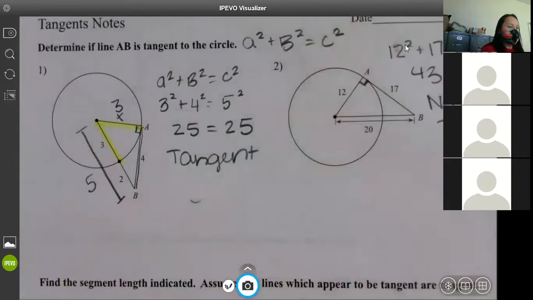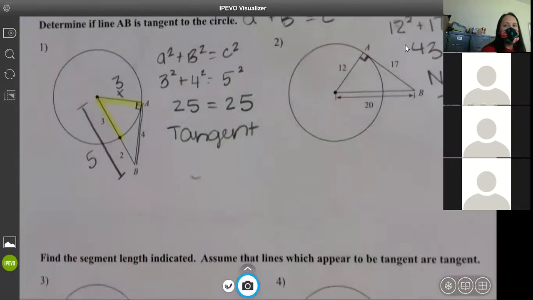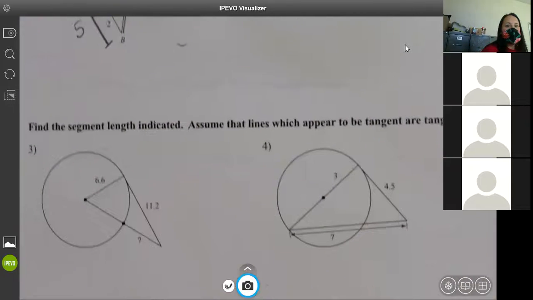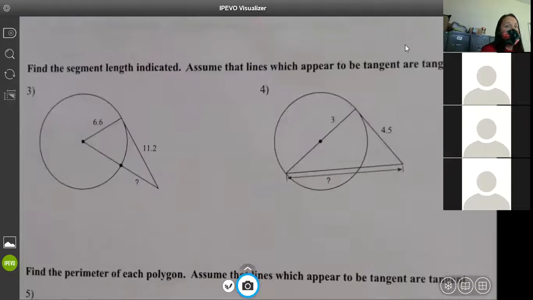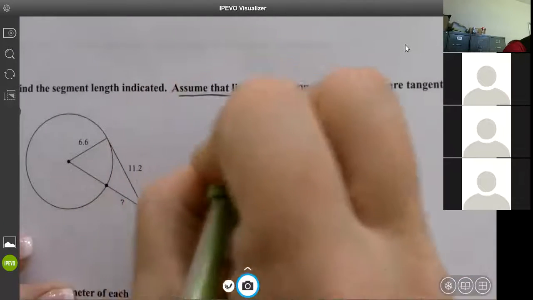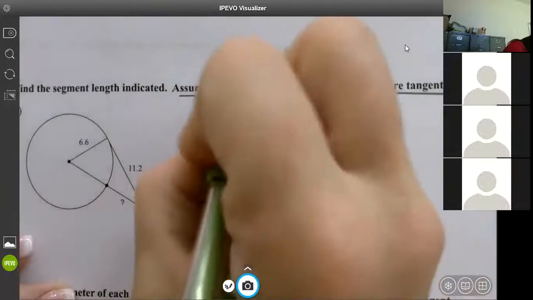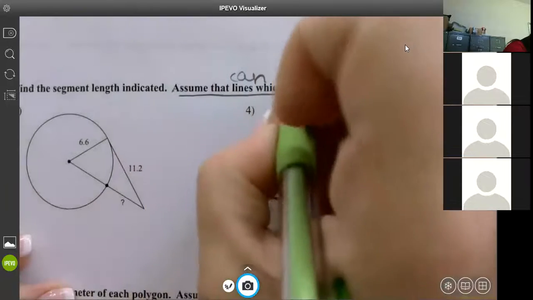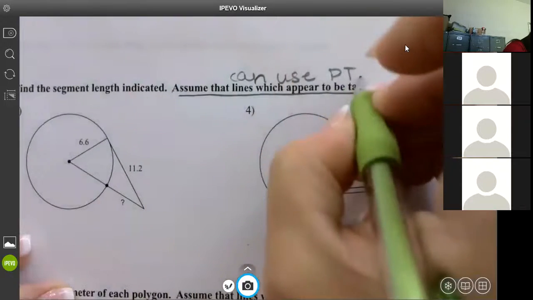All right, check out your next one. Now we're just trying to find the length, and it's going to tell you that they are tangent. So that means that we can use Pythagorean theorem.